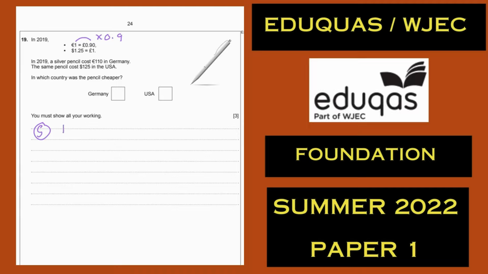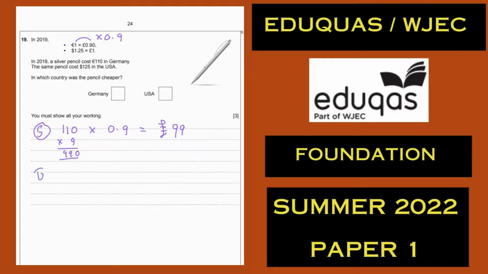So we're going to need to do 111 multiplied by 0.9. I'd argue that timesing by 9 is easy enough. So we just need to make sure we have one number after the decimal point. So it'd just be £99.